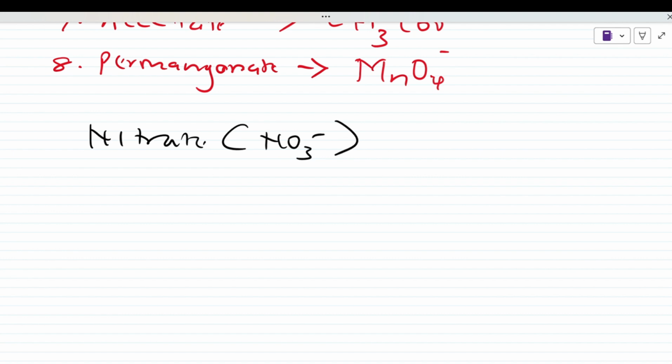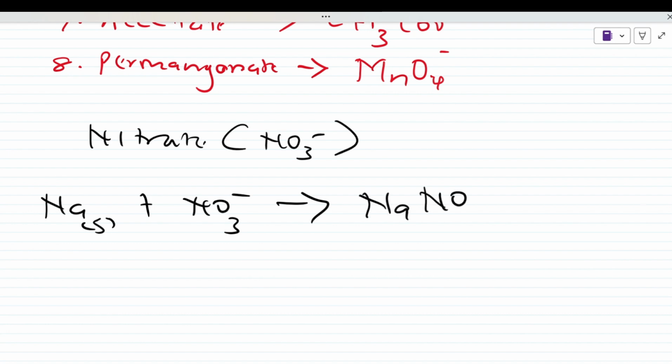Now I can have group 1, group 2, group 3 reacting with it. Group 1, I'm going to start with sodium, solid, plus NO3 minus. What am I going to form? I'm going to form NaNO3, aqueous.